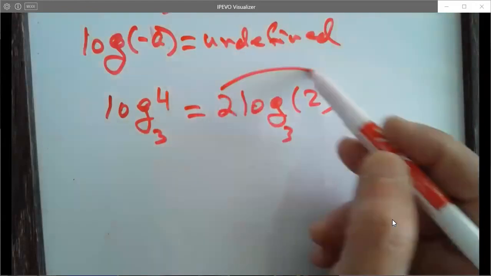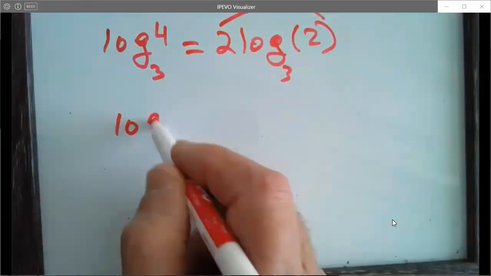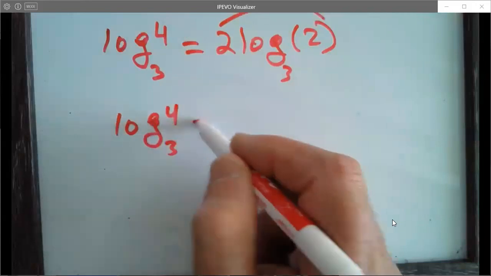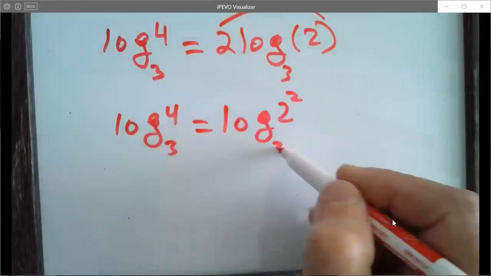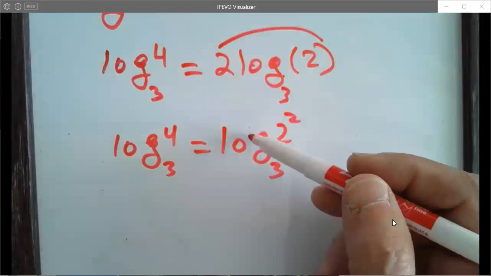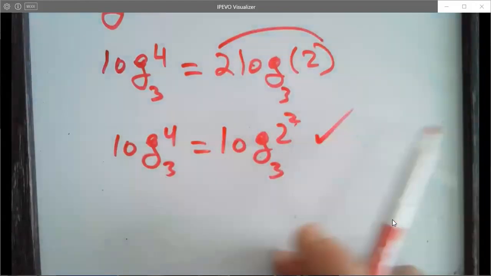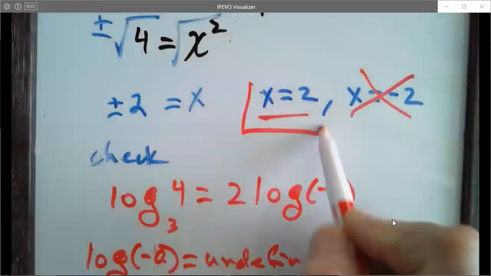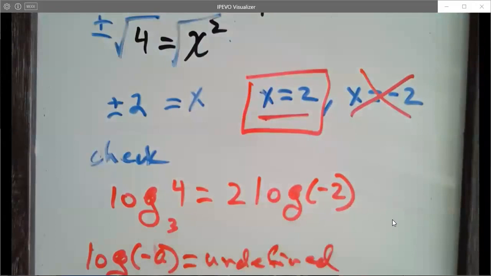Now we can move that 2 up, and we've got log 4 base 3 equals log 2 squared base 3. Well, 2 squared is 4. So log 4 base 3 is equal to log 4 base 3, so it checks. So x equals 2 is a good solution, but x equals negative 2 is not. Okay? Questions with that?